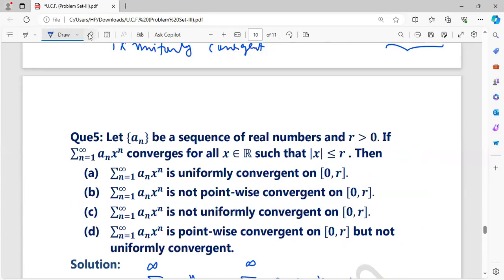x belongs to R such that, I am to correct it. We need to take x such that x is greater than or equal to 0 and less than or equal to r. Okay, this condition is not correct, I am correcting it.